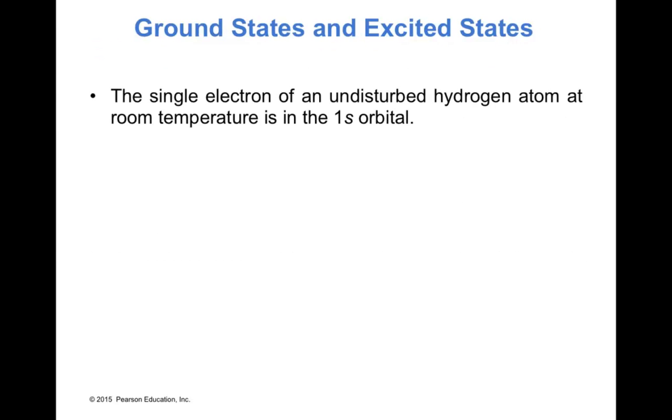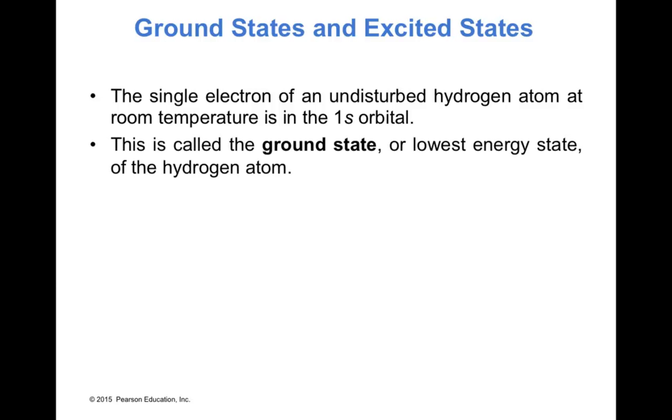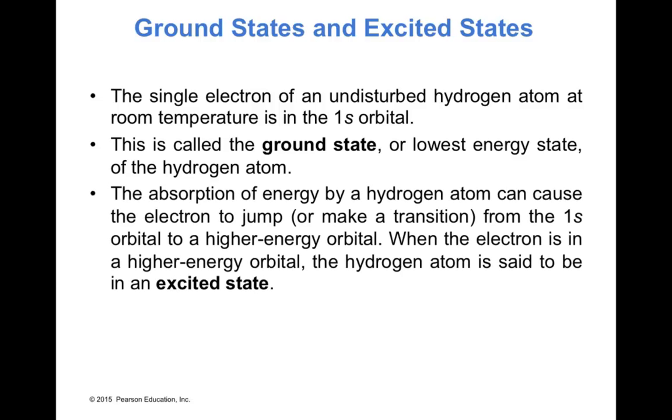The single electron of an undisturbed hydrogen atom at room temperature is in the 1s orbital. This is called the ground state, or lowest energy state, of the hydrogen atom. Now, we talk about how those electrons could absorb energy.